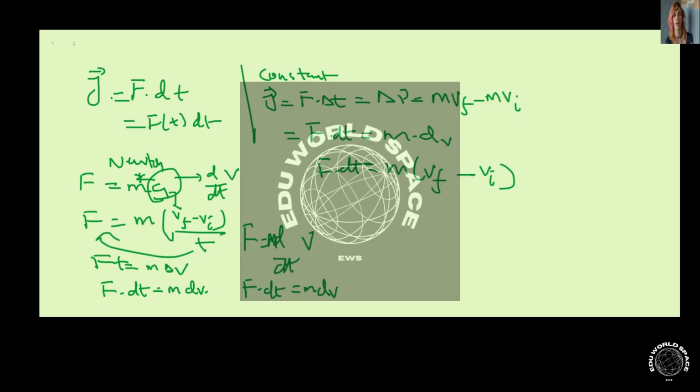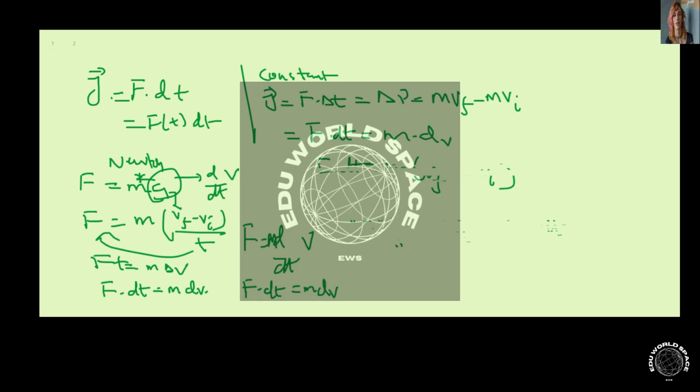So the next thing we're saying is m v final minus m v initial equals the integral of F dt, or we could take it from this point and do it a little bit differently using integrals.